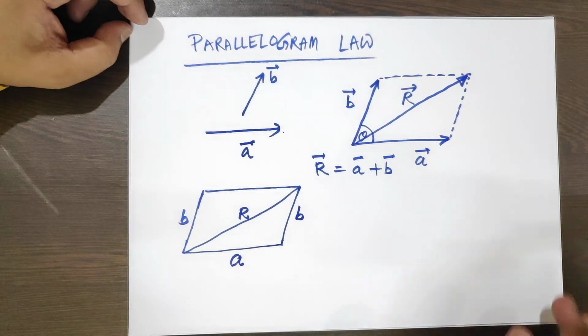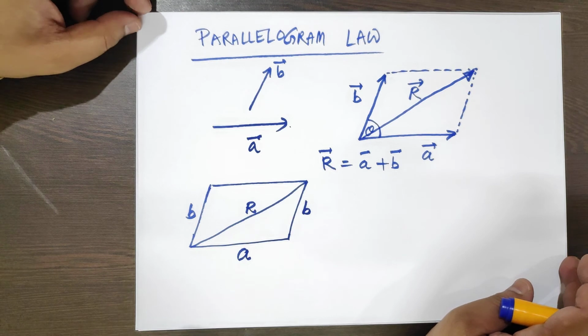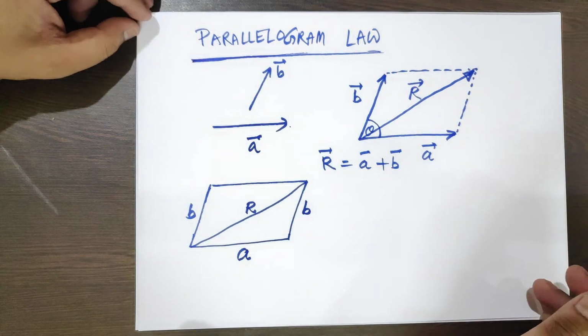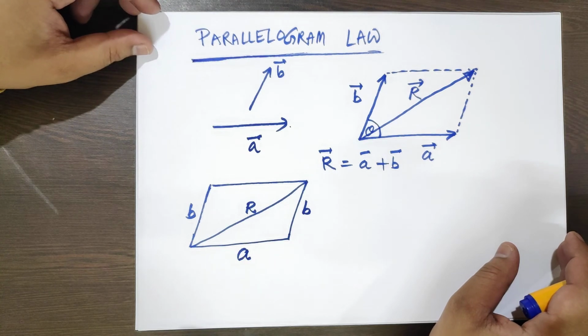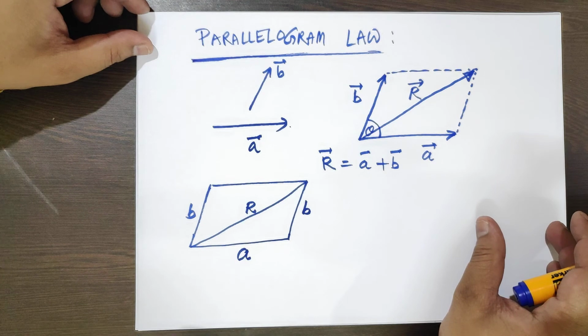So it is the same thing. Obviously we will get the same result by any law you apply, whether parallelogram law or triangle law. This law is applicable for adding two vectors only.